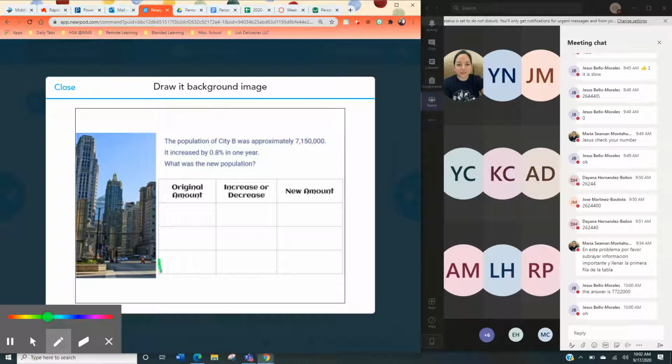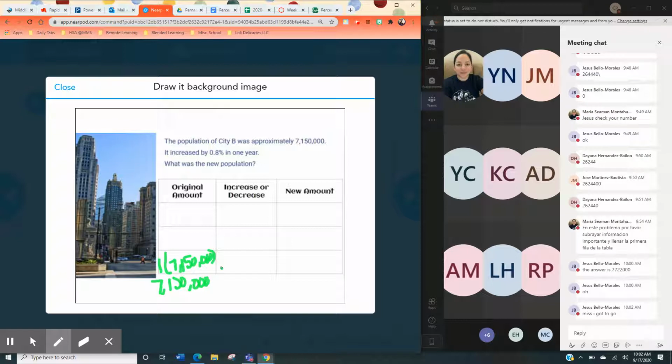So we have 1 times 7,150,000, which gives us 7,150,000. Then when we multiplied our increase, it was 0.008 times 7,150,000. And who can tell me what that gives me?